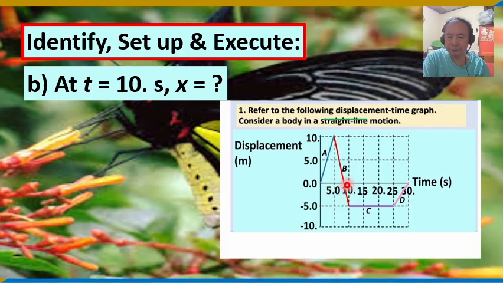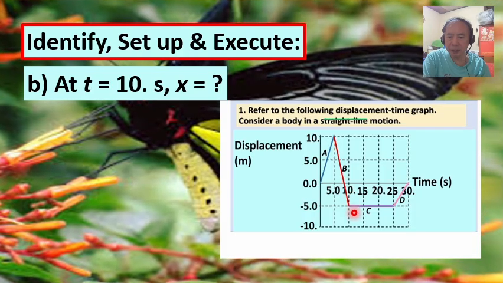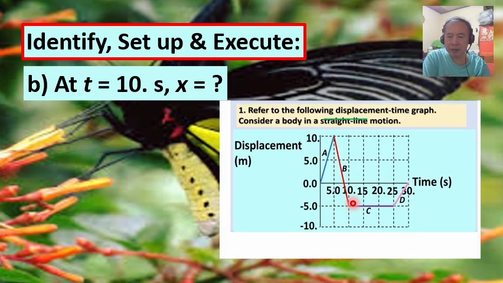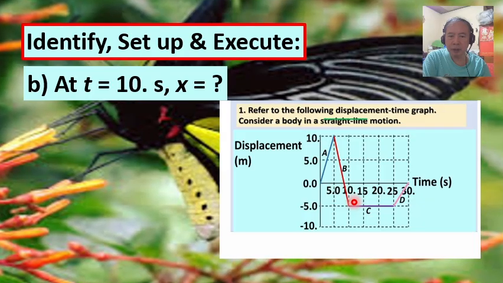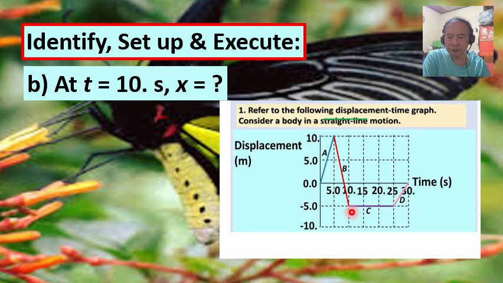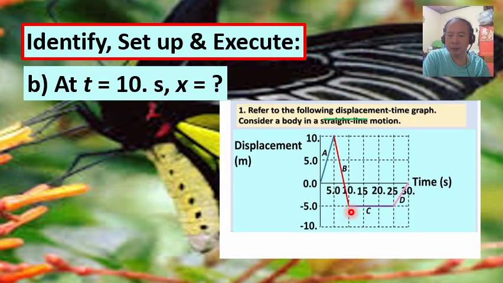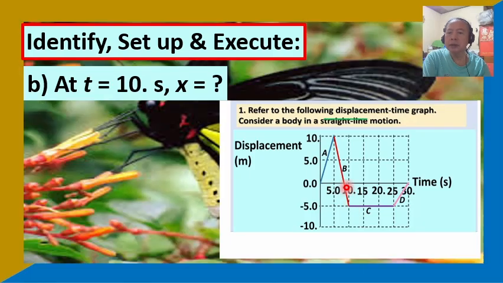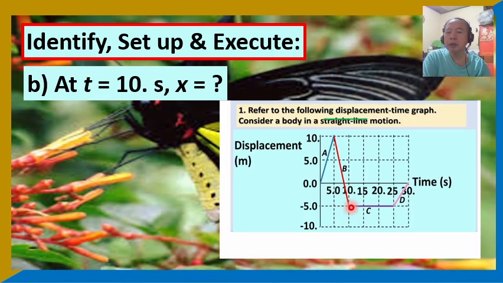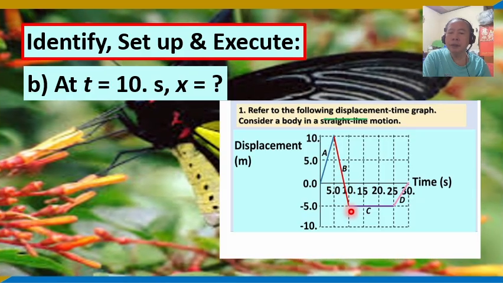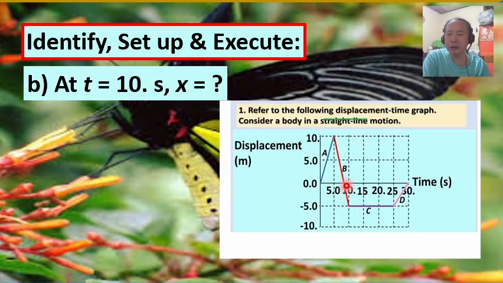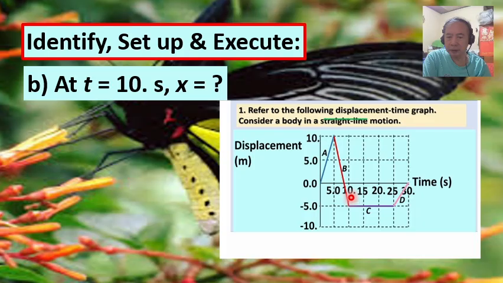So in the graph, you will notice that at time 10 seconds corresponds to the final point of the red graph line or graph line B, right?